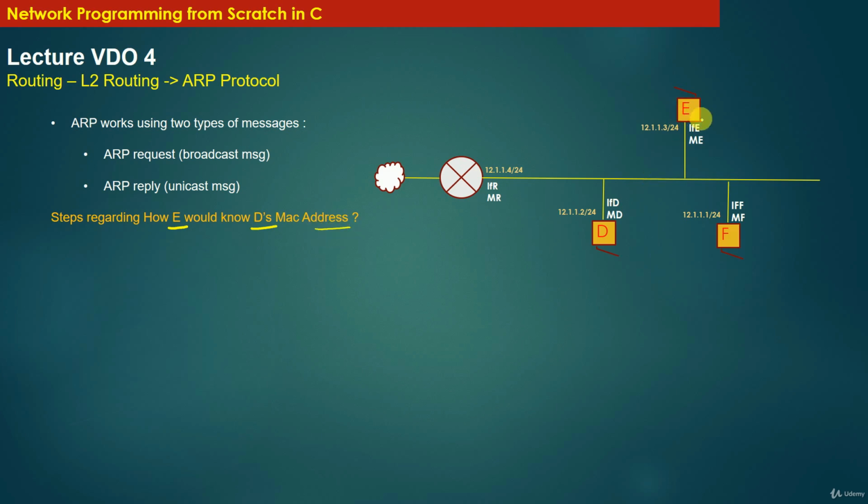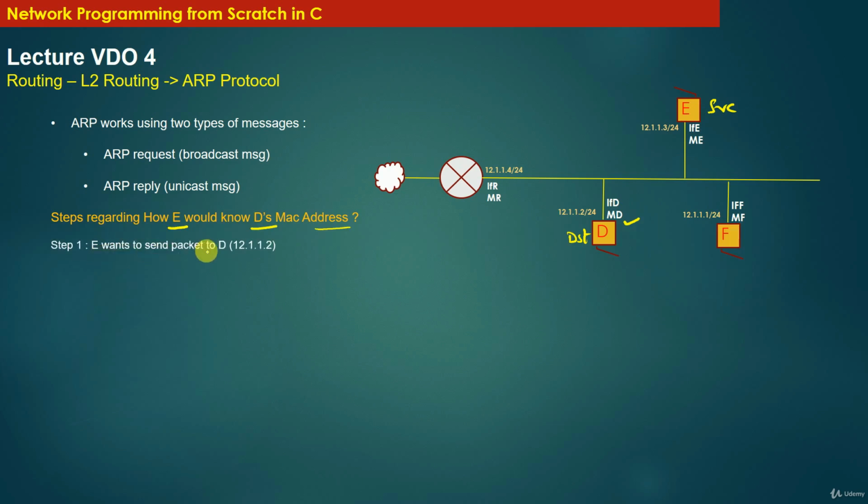Machine E is the source machine and the destination machine is machine D. For source machine E to send a frame to destination machine D, source machine E should know the destination machine D's MAC address, which is MD. So now let us go through the steps regarding how the source machine E can know destination machine D's MAC address. So step 1.